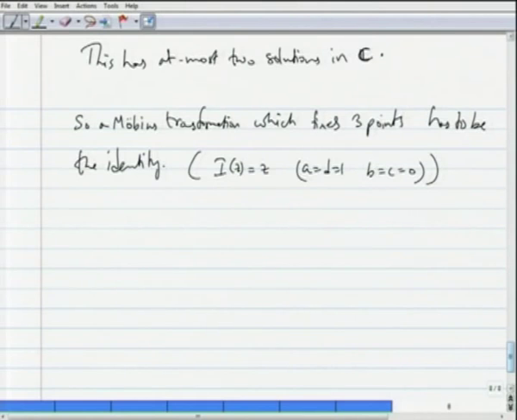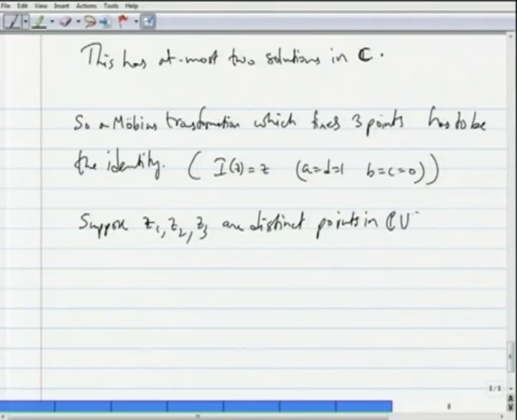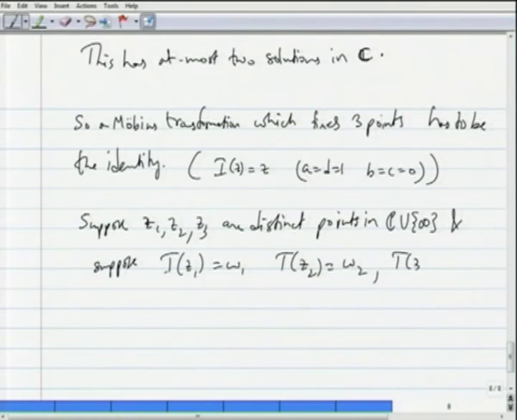So, suppose Z 1, Z 2, Z 3 are distinct points in C, or you could actually pick points in C union infinity, and suppose T of Z 1 is equal to W 1, T of Z 2 is equal to W 2, T of Z 3 is equal to W 3.